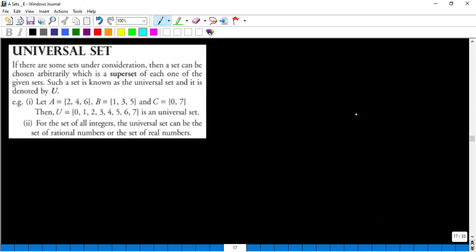Universal set. Understand the concept like this. I have 3 sets A, B, C. If I can see all the elements in this one, then this particular set is known as the universal set, a superset for all the sets with the numbers. Suppose you are taking animals.